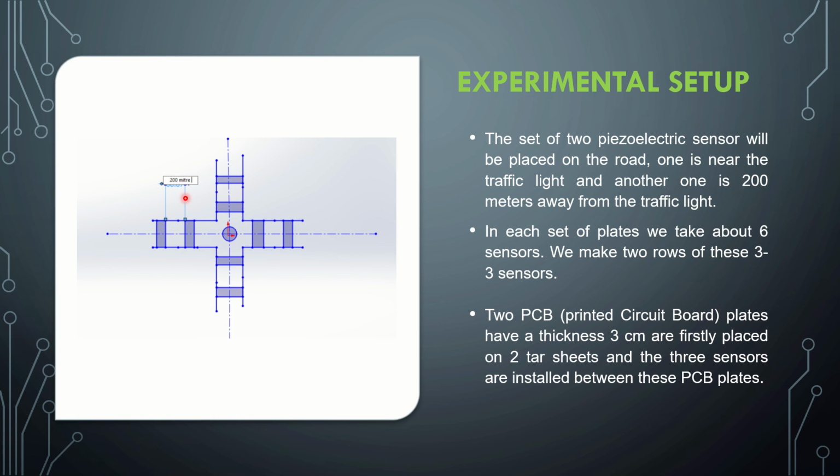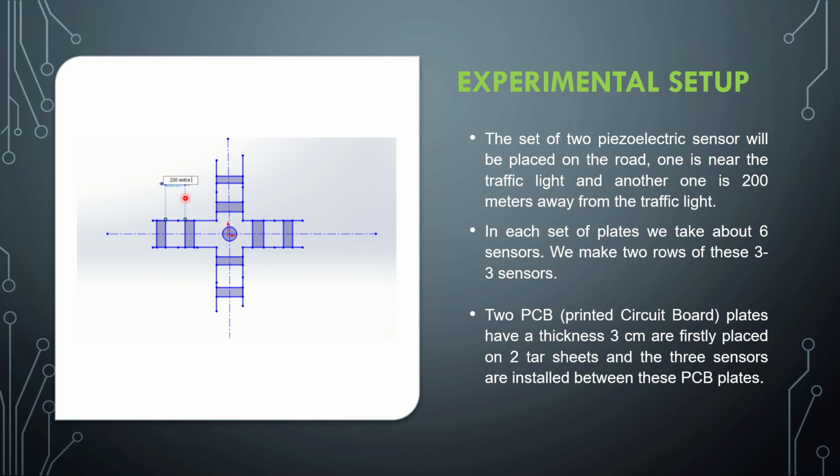Now, the experiment setup: a pair of piezoelectric sensors will be placed on the road. One is near the traffic light, because we're going to have two sensors, just like in these papers, right? But that's up to people if they want to have more or just two.